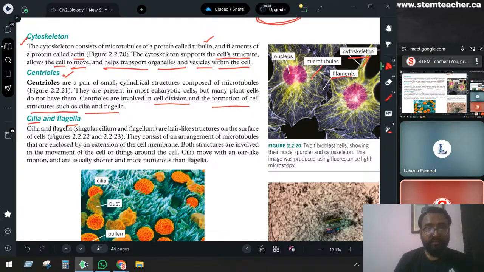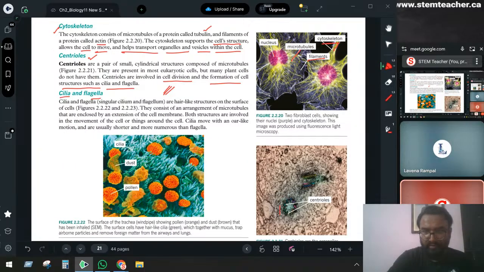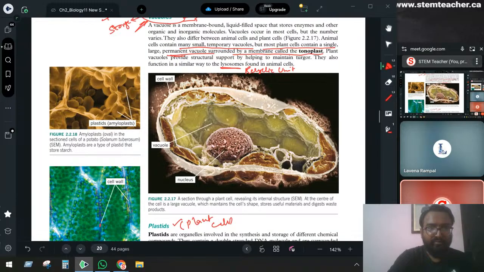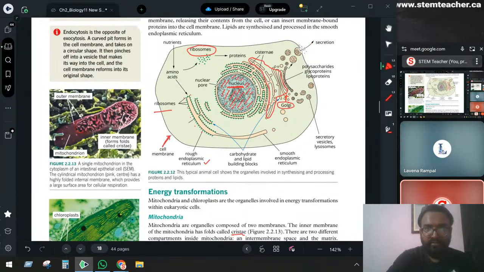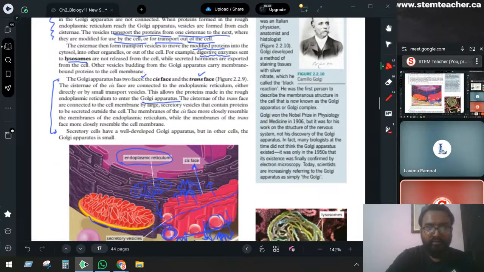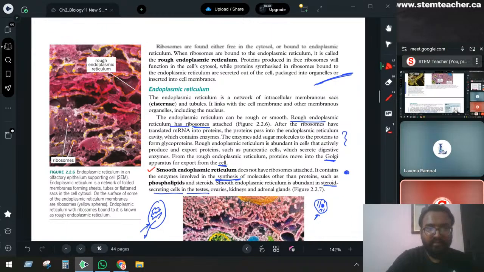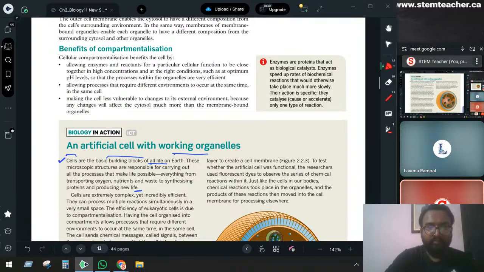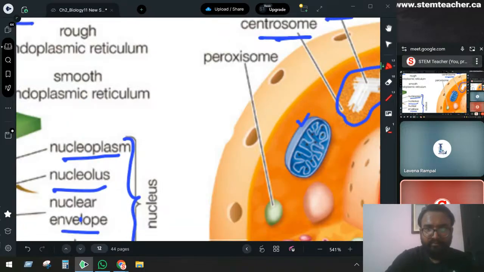So these are not tube-like things. You can see in the previous image, centrioles are there, so they help in cell bifurcation. These are centrioles.